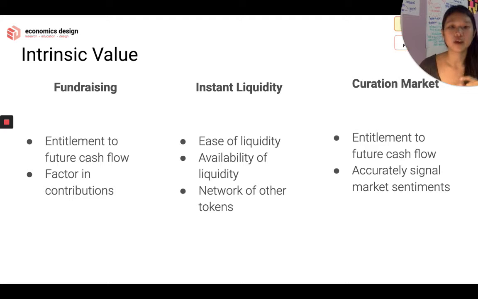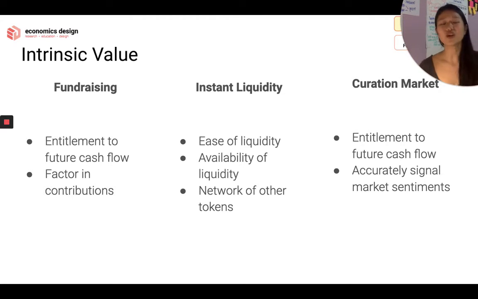Because it's a continuous curve as one of the first properties, maybe instead of the mathematical formula looking at entitlement to future cash flow based on the tokens that you buy, the entitlement you get to the future cash flow is based on a proportion of the total supply in the market.